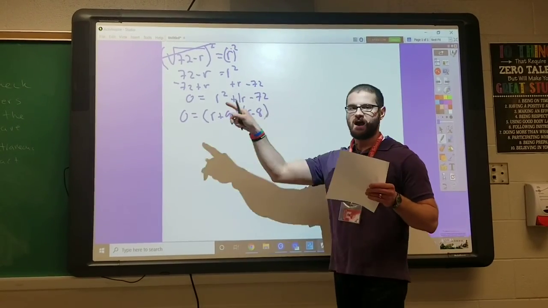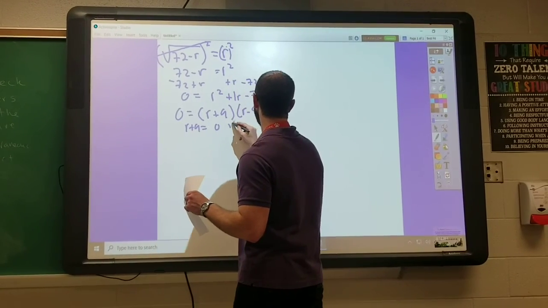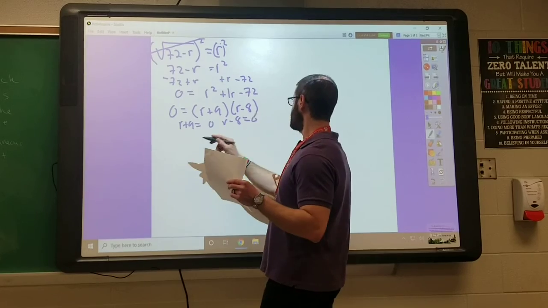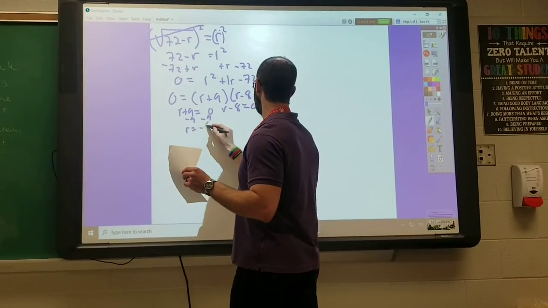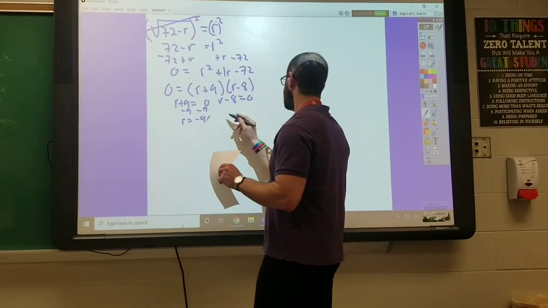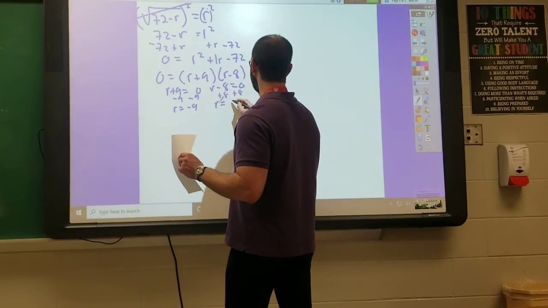Remember, we set each factor equal to 0. So r plus 9 equals 0, r minus 8 equals 0. Subtracting 9 over here, r is possibly equal to negative 9. Over here, adding 8, r is possibly equal to 8.